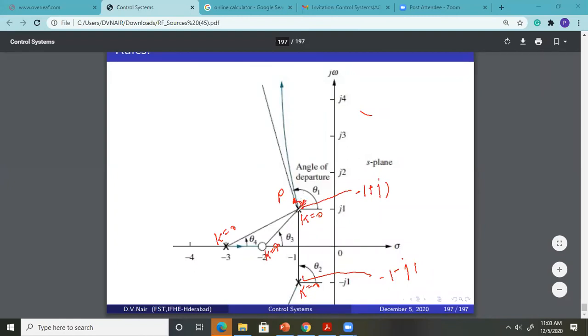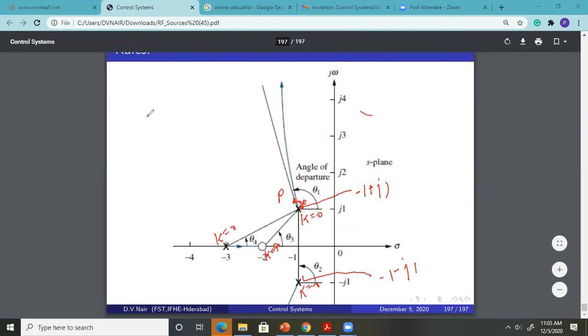Whatever is the angle that other poles will make by joining to point P will be as good as the angle they will make by joining them to -1 plus J1. This you have to understand. Okay, friends? Yes, sir. Then we have this rule.